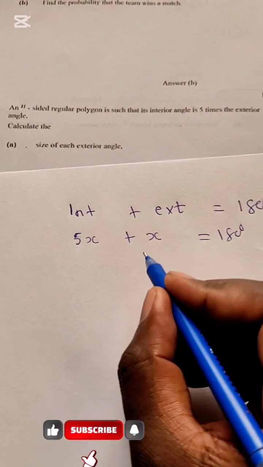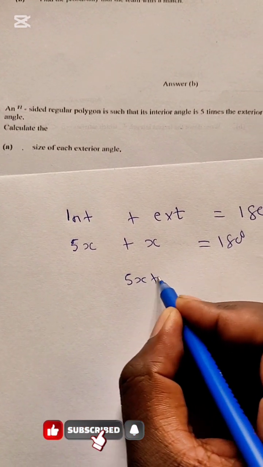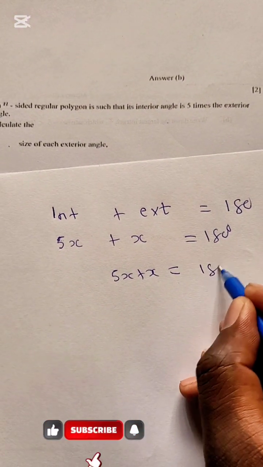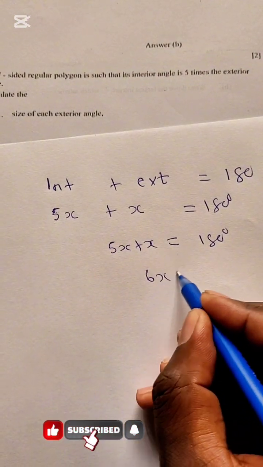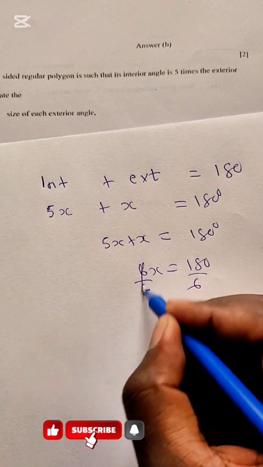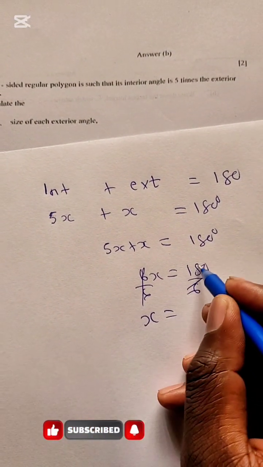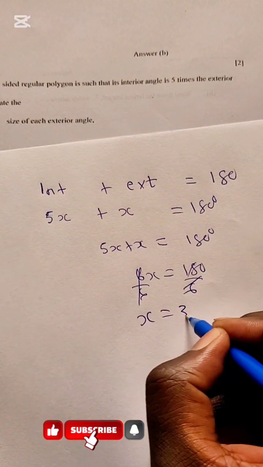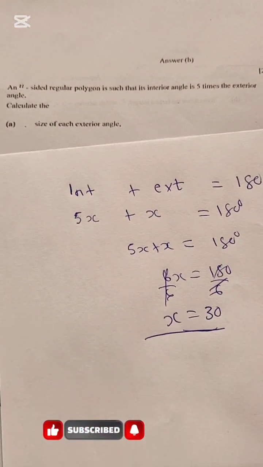Right, so we're going to find the value of x. It's now 5x plus x is equal to 180, and 6x is equal to 180. Divide by 6 and by 6. So exterior is equal to 30. Right, so x is equal to 30 in other words.